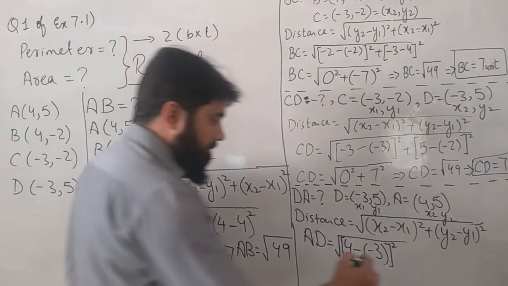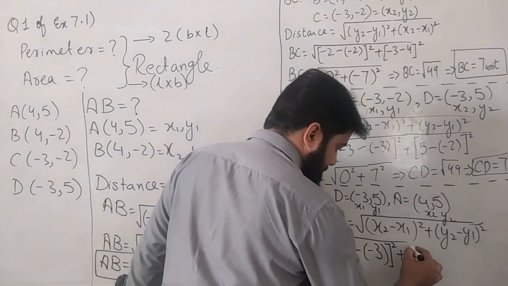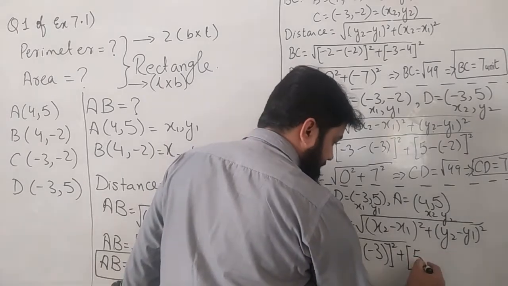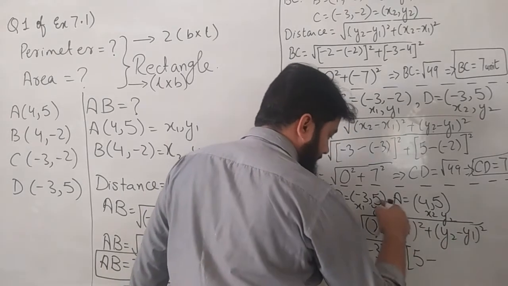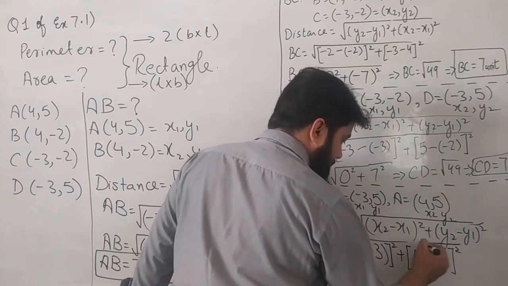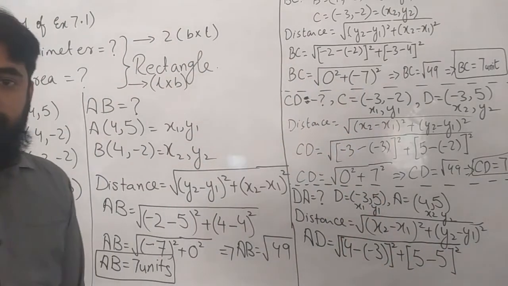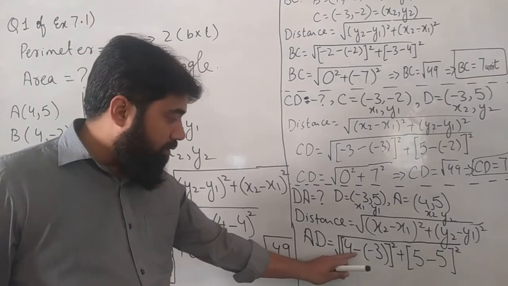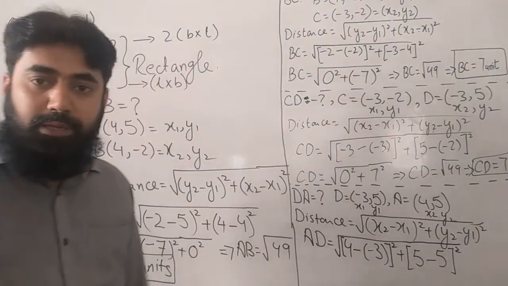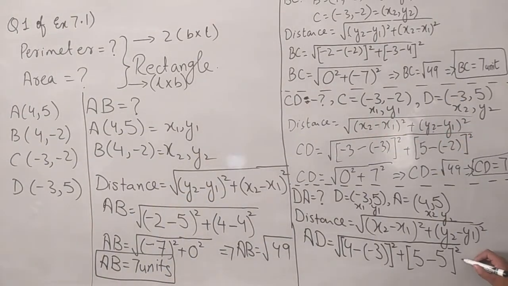Okay, plus y2, that is 5, minus y1 is 5 whole square in root. Okay, so 4 minus minus 3 will be 7. 7 square will be under root 49, and 5 minus 5 will be 0.